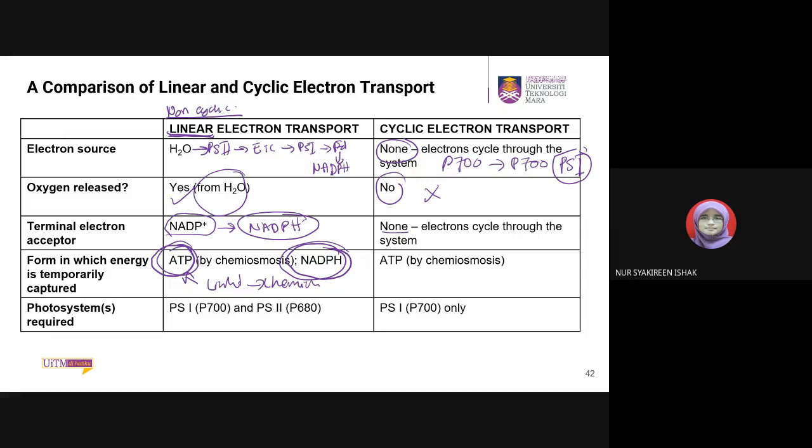So energy is temporarily captured and stored in the form of ATP. Okay, so production of ATP is through chemiosmosis. And then for photosystem ni, kalau linear, requires both photosystem 2 and also photosystem 1. Kalau cyclic, photosystem 1 only. Okay.